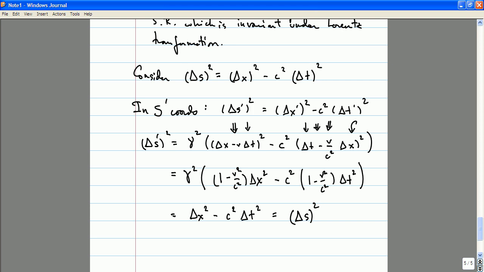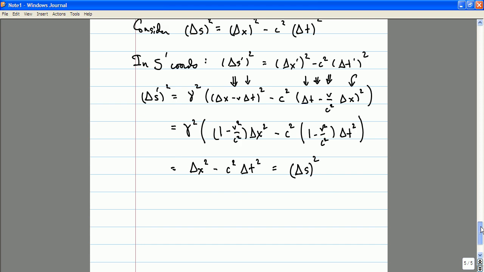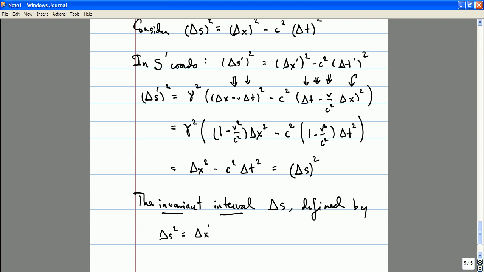So although delta x and delta t themselves depend on the coordinate system in which they are defined, the quantity delta s, which is known as the invariant interval, defined by the equation delta s squared is delta x squared minus c squared delta t squared, between two events is independent of the choice of observer doing the measuring.